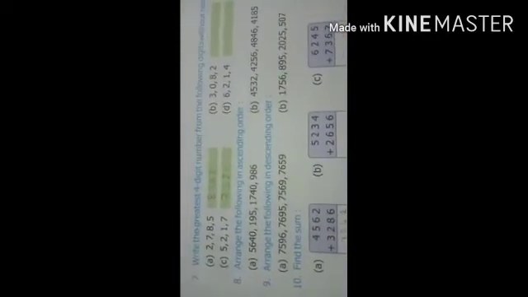Students, these are the numbers, and we have to arrange them in ascending order.